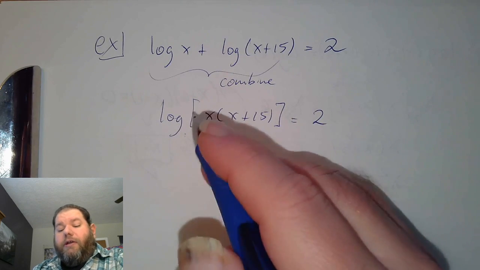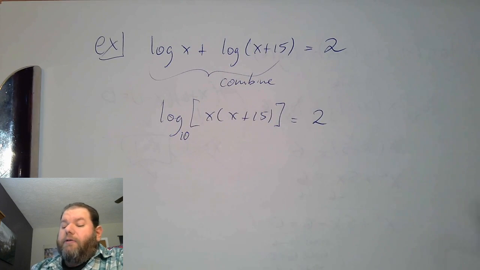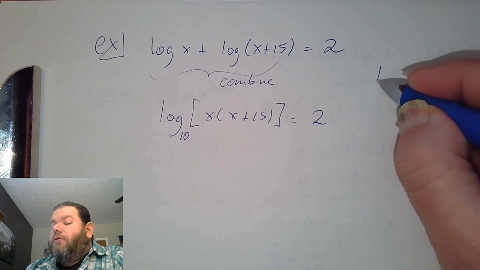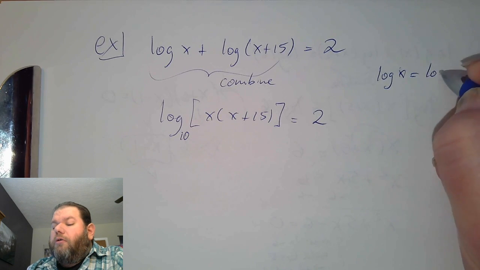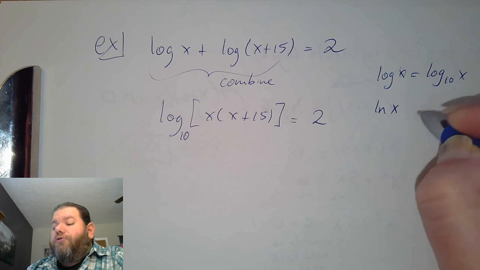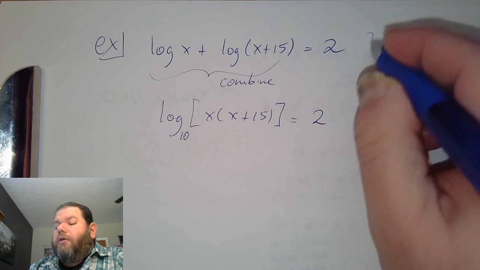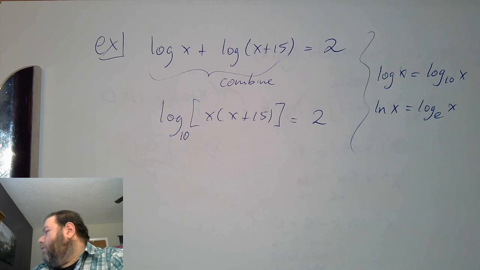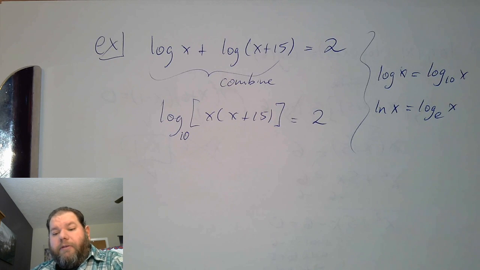Log with no base is actually base 10. And if we have Ln, the natural logarithm, then that's log of base e. So this is implied to be a 10. We're going to need that, so let's go ahead and write down that 10.